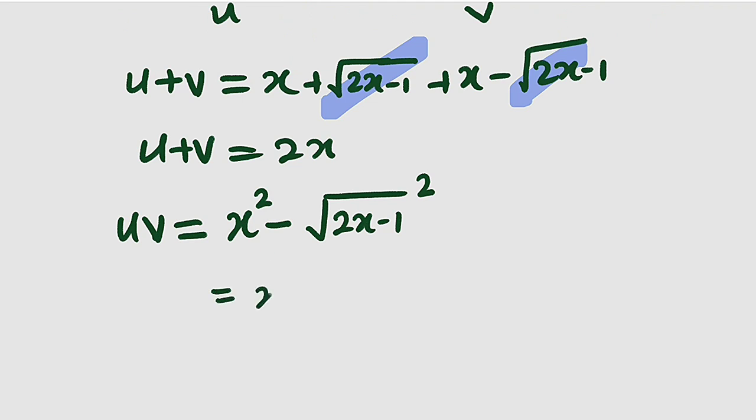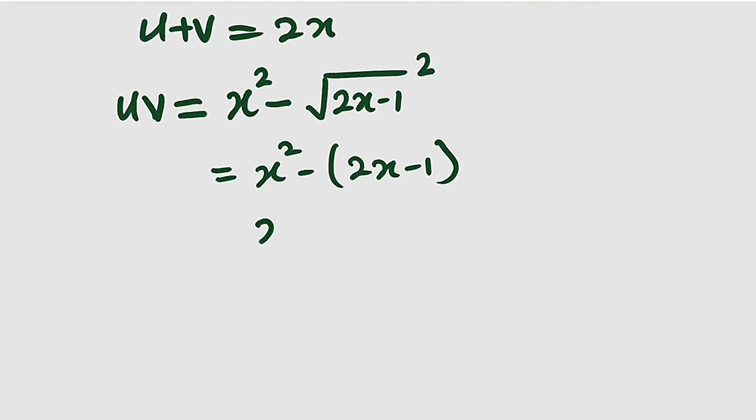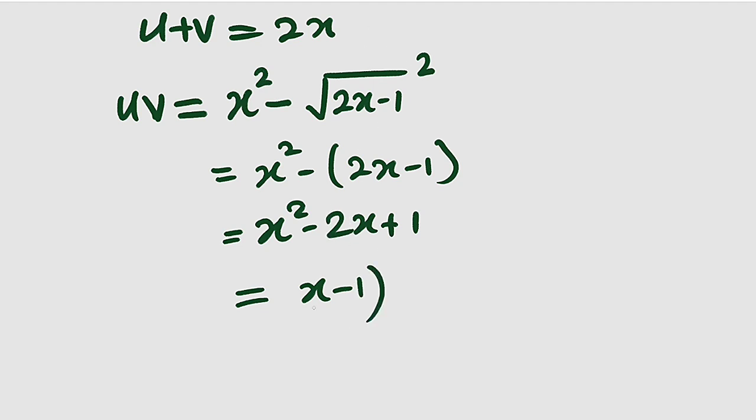This will be x squared minus the whole of 2x minus 1, because power of 2 will clear the square root. So we have x squared minus 2x plus 1. If you expand, this is a perfect squared quadratic expression that can be factorized as x minus 1 squared. This one is nothing but half of 2. Then you square whole. This is uv.